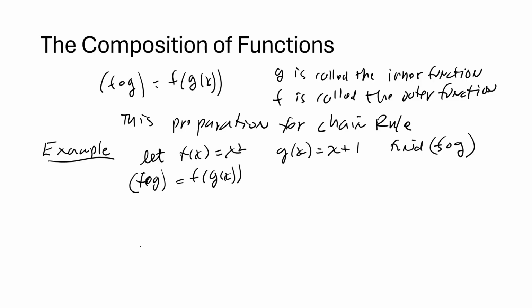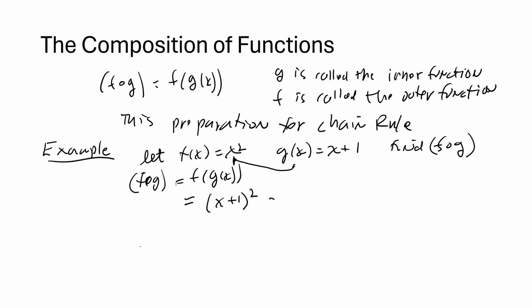Our g of x is x plus 1, so this is going to be equal to (x plus 1) quantity squared. Essentially we just substituted g in terms of that x.